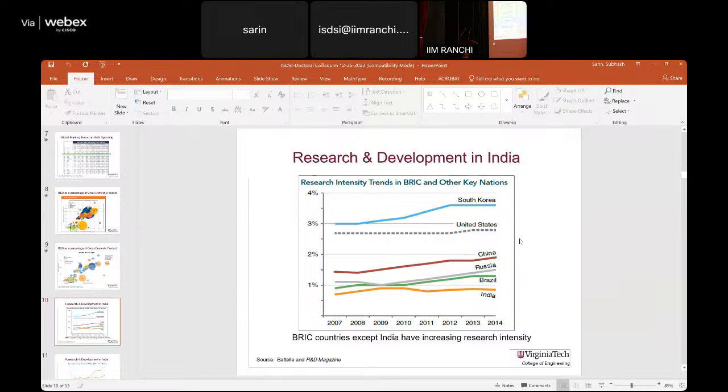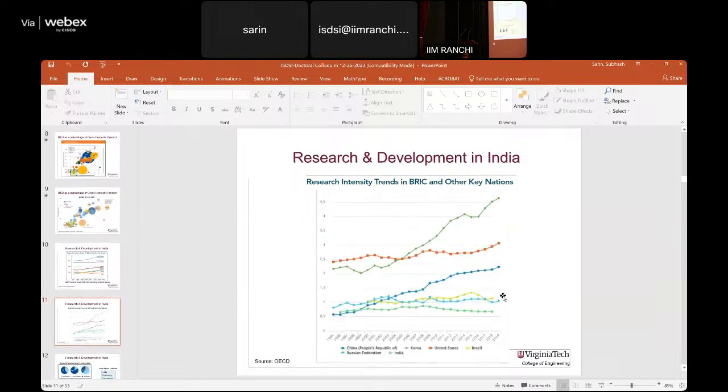So you get an idea of the BRIC countries, which is Brazil, Russia, India, and China. Again, this is where US is and South Korea increasing. US has been pretty stable over the years. But China has an increasing trend. Russia is increasing, Brazil is slightly increasing, but India is still below 1 and not increasing that much.